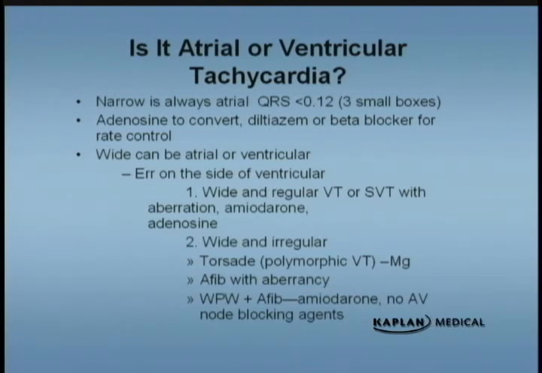And if you give them the standard drugs for atrial fibrillation this time, the calcium channel blockers, the beta blockers, and digoxin, the patient will get much sicker and possibly die. Maybe induce ventricular fibrillation in this case. Because WPW with atrial fibrillation will also give you a wide, irregular rhythm, and of course these patients are treated with amiodarone. Okay? So we'll see that when it's wide, amiodarone comes up a lot as a treatment drug, which is safe in these situations.